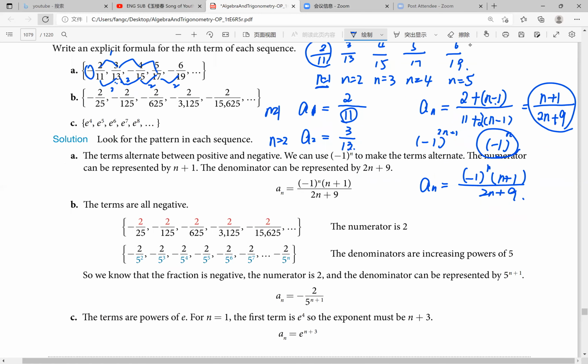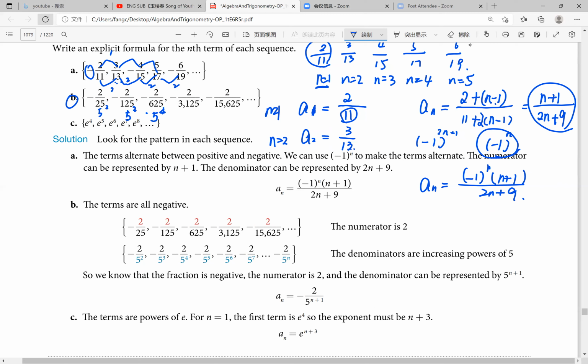Next, sequence B looks more difficult. So 25, 125, 625. From the first three denominators, we find the regularity. 25 is 5 to the power of 2. 125 is 5 to the power of 3. 625 is 5 to the power of 4.